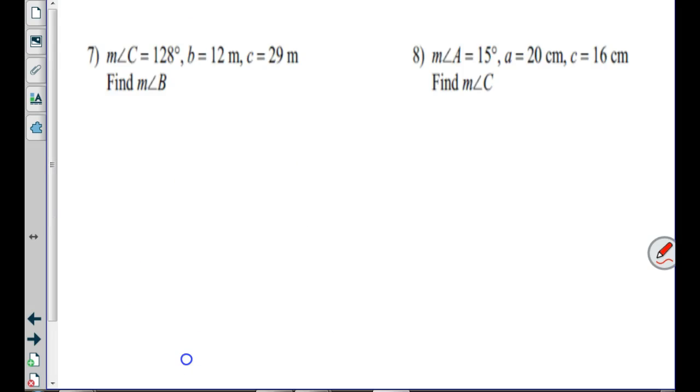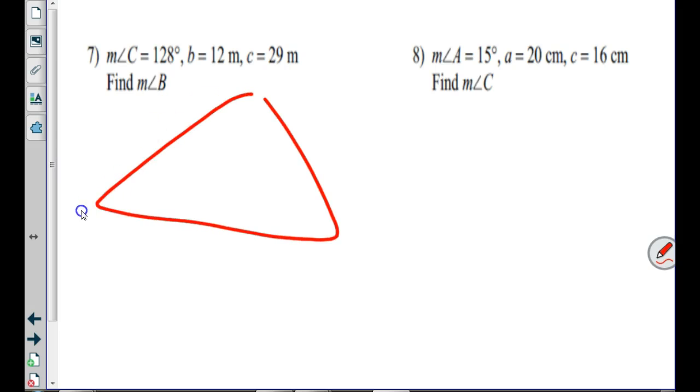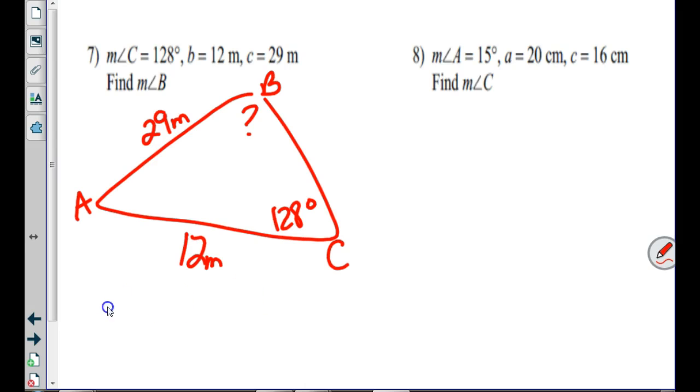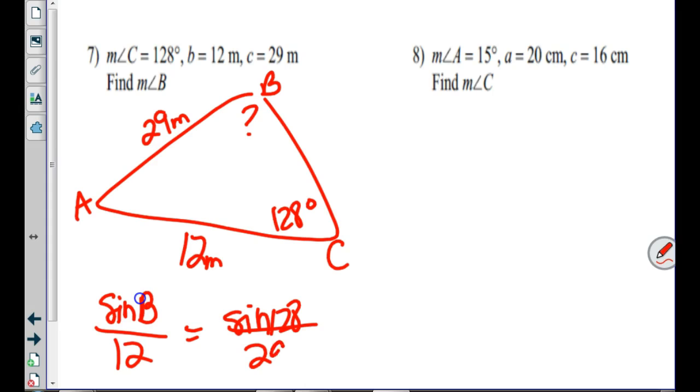Number 7 says find an angle, but I think it's law of sines again, right? A, B, C, angle C is 128. Okay, obviously didn't draw that accurately. 29 is across from it. Angle B, I don't know, but side B is 12. So I can set up the sine of B is across from 12 in the same way the sine of 128 is across from 29.